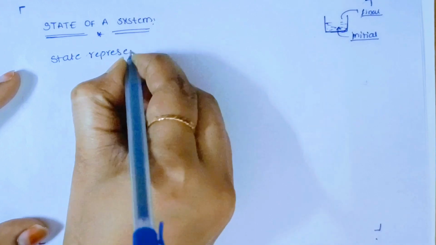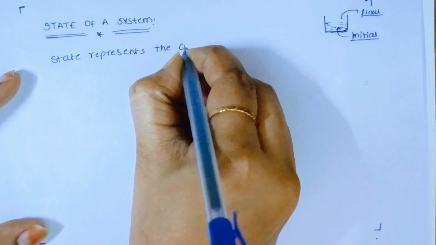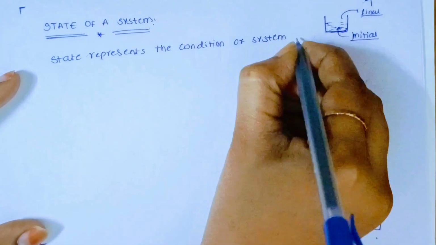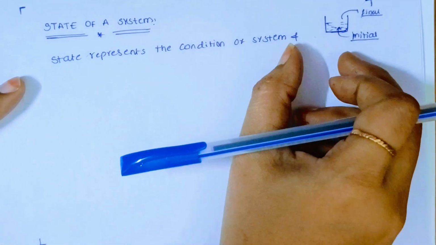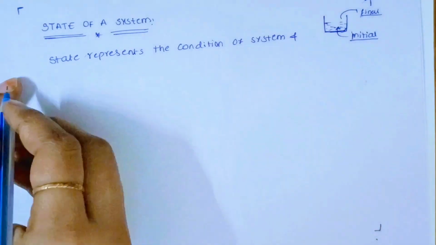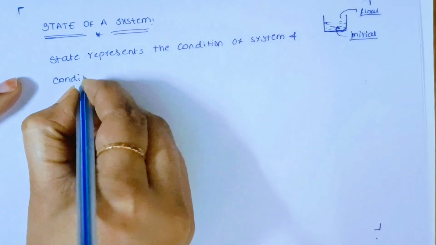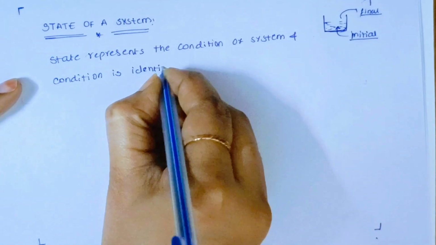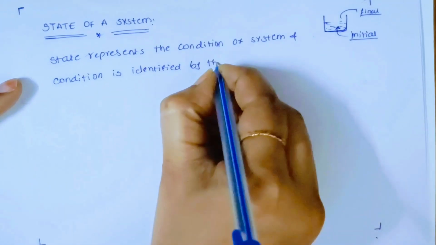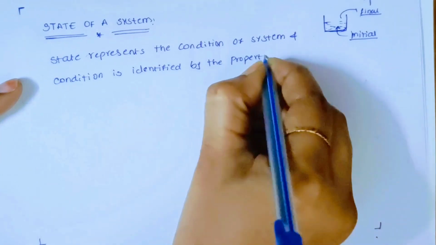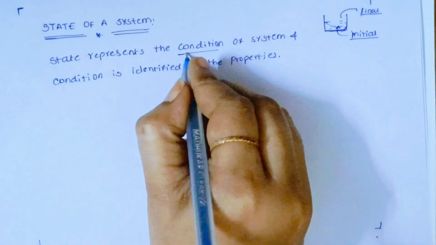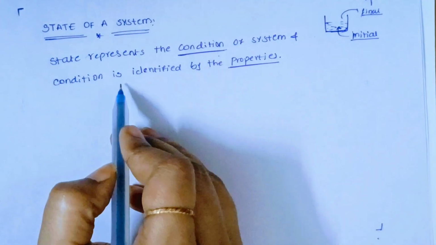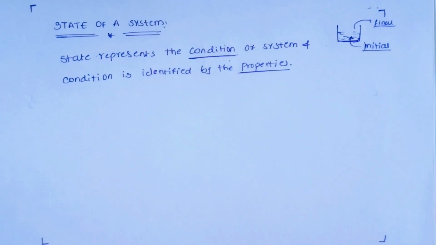State represents the condition of the system, and this condition is identified by the properties. Okay, how can this condition be identified with the help of properties?